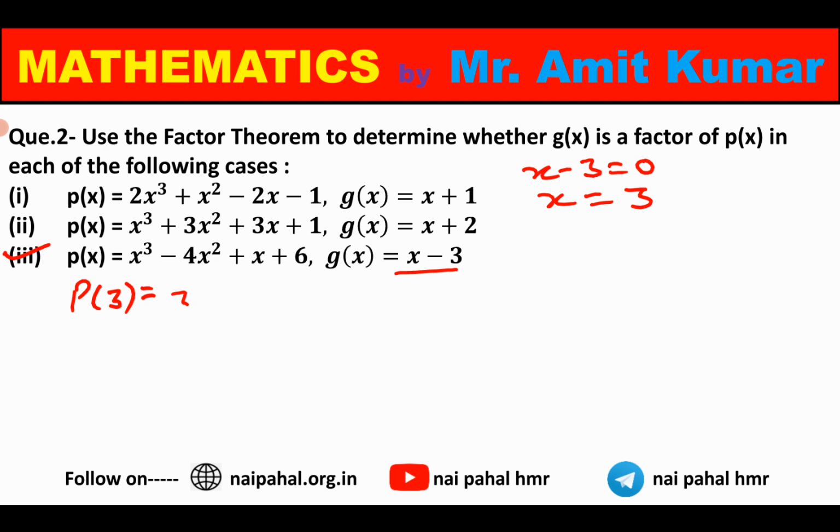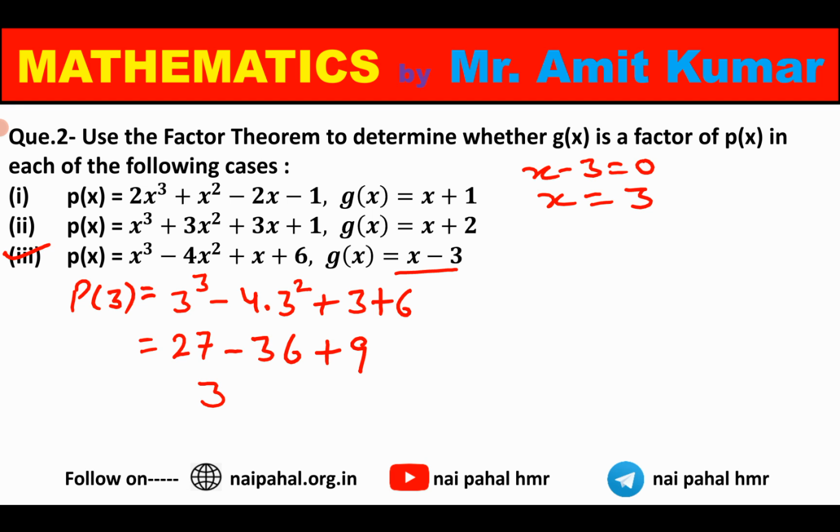Now you have to put the value of x: p of minus 2 equals the cube of minus 2 plus 3 multiplied by the square of minus 2 plus 3 multiplied by minus 2 plus 1.